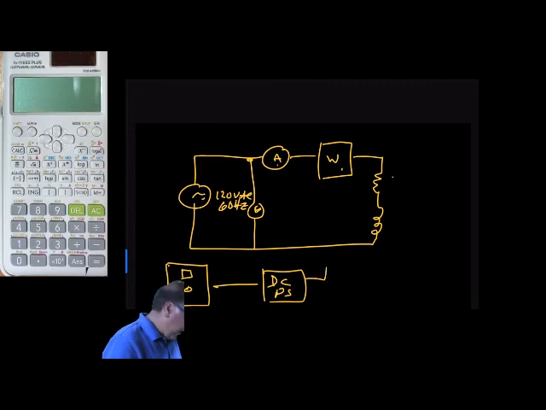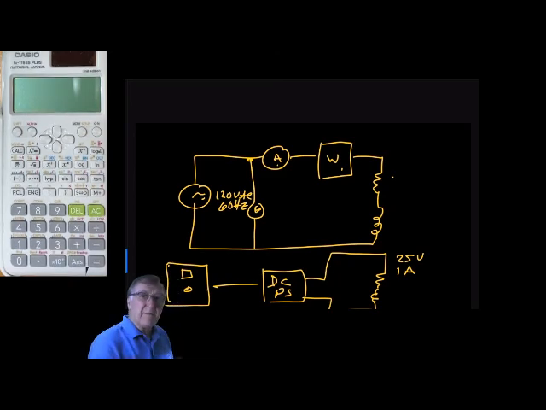And then you outputted 25 volts at 1 amp. If you remember, we had a maximum output of 1 amp on the power supply.